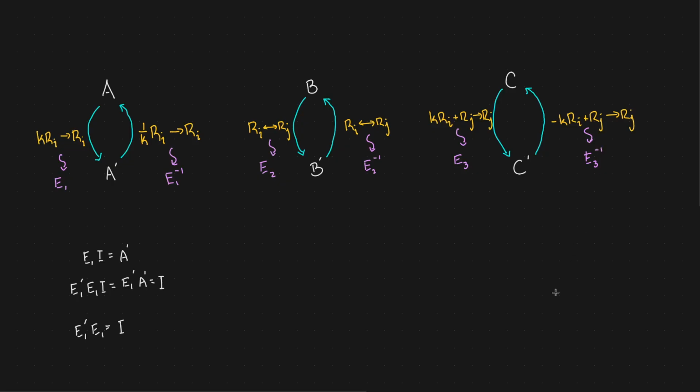Okay, so we notice a few things. First, every elementary row operation, or I'm sorry, every elementary matrix is invertible.